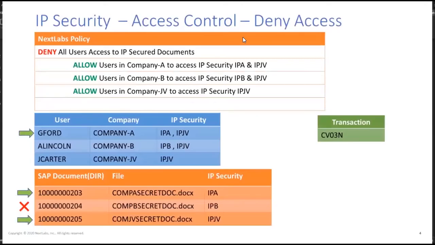The user G Ford should only be able to access IP data from companies A and company JV, being the documents 203 and 205. But because 204 is under company B, they should not be able to access this. Now, we're going to check this in the system as well, just to ensure it's all working.